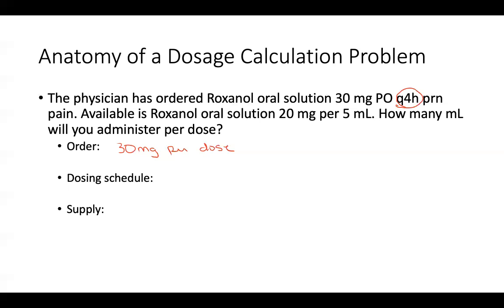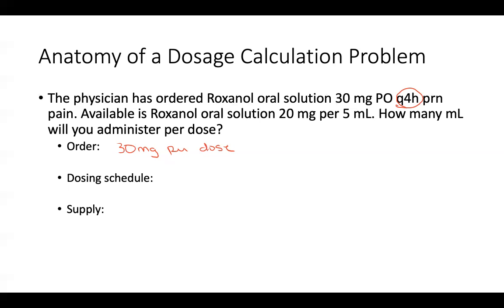Okay, so that means every dose they receive, they're receiving 30 milligrams. Okay, it doesn't say 30 milligrams daily divided into doses. It says 30 milligrams Q4 hours. So I'm going to write that as 30 milligrams per dose. Okay, and this will make sense when we start solving these problems. This will help you with your daily versus dose type of problems.